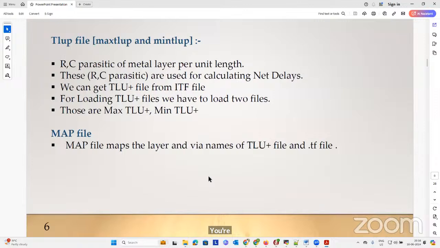The TLU+ files we give to Synopsys have the resistance and capacitance of each metal layer per unit length. For a unit length of a metal piece, we will have a calculated value of resistance and capacitance.